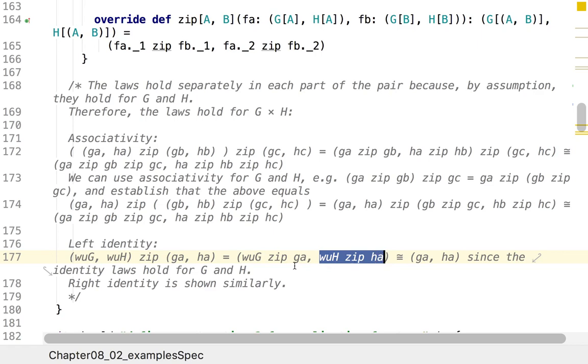So we assume that this is equivalent to just GAHA in each component, because the identity laws, as we assume, hold for G and H already. And so this shows equivalence that we need, namely that this is equivalent to this. And similarly, we can show the right identity law.